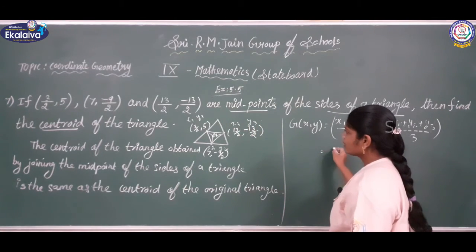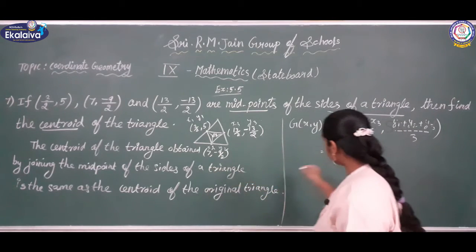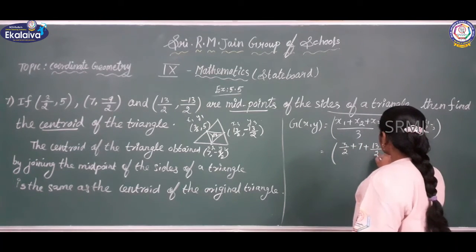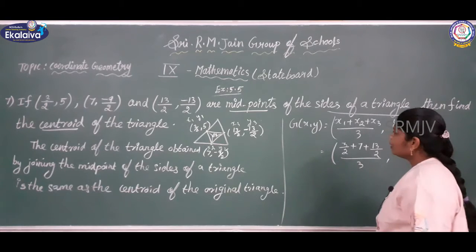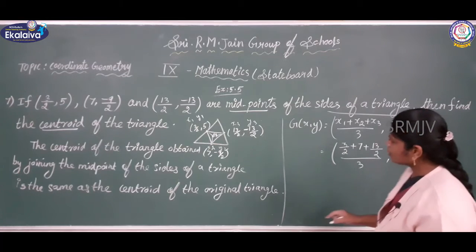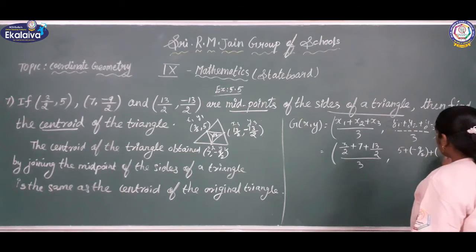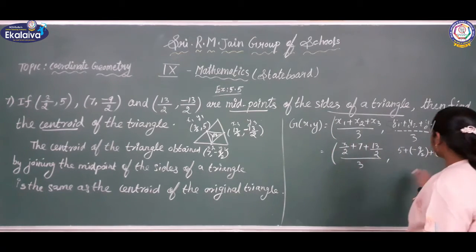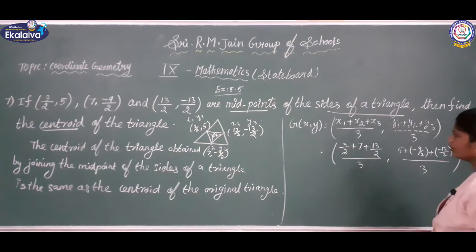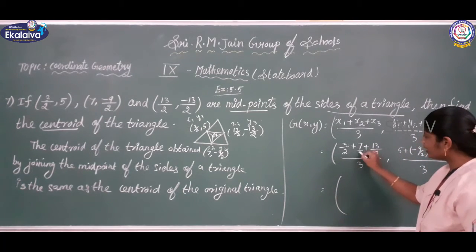Substitute here: x1 3/2 plus x2 7 plus x3 13/2 divided by 3 comma y1 5 plus y2 minus 9/2 plus minus 13/2 divided by 3.